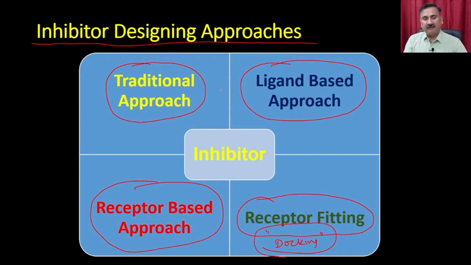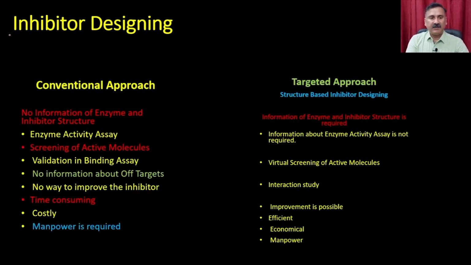So, what is the difference between the traditional approach and the modern or targeted approaches? All these three are targeted approaches, whereas the traditional approach is where you have no information about the enzyme or the structures. So what is the difference in inhibitor designing when you go with the conventional, or I'll say traditional, approach or the targeted approach?